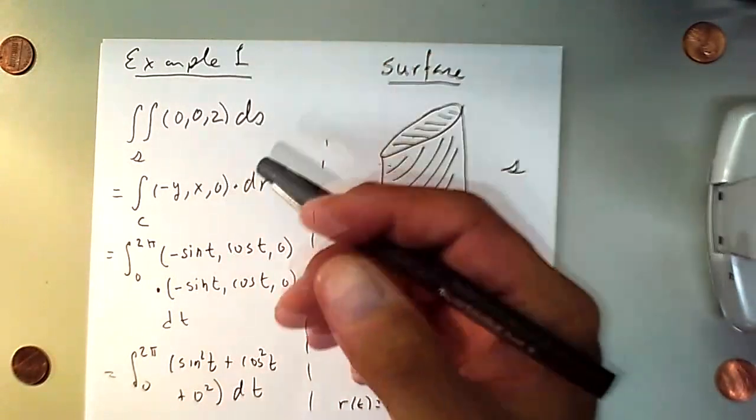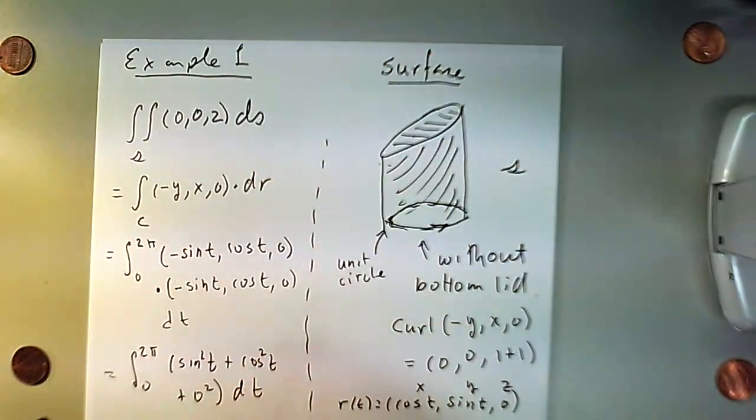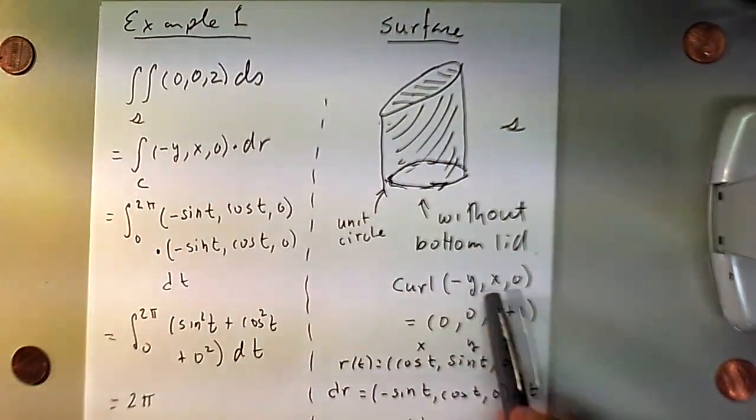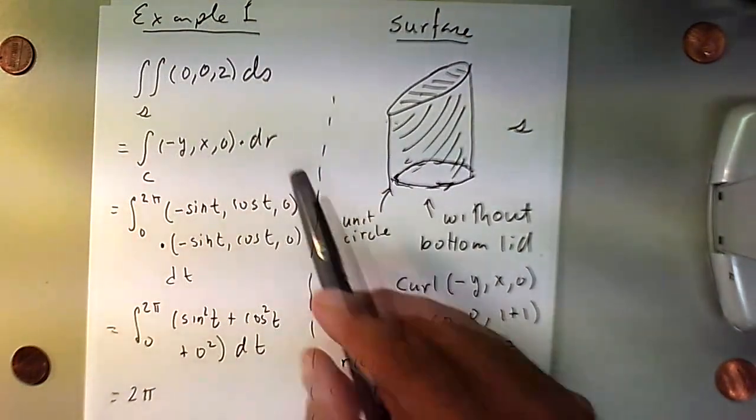It's kind of like finding the antiderivative. We would have to find the anti-curl, in this case, to make Stokes theorem work. So it took me a little while, but not too long, to figure out the curl for this vector field.